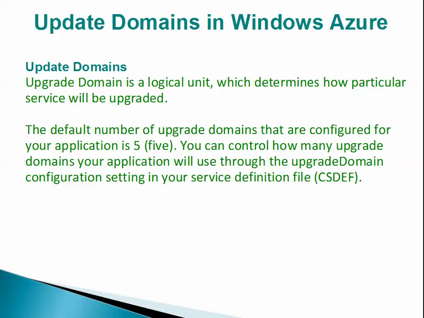One difference, and benefit, with update domains is that we can control how many update domains we need in our application. Suppose I need 20 update domains, then I can configure that using the service definition. But for fault domains, the fabric controller handles it automatically. There is no way we can control that and say I need 20 fault domains or something.